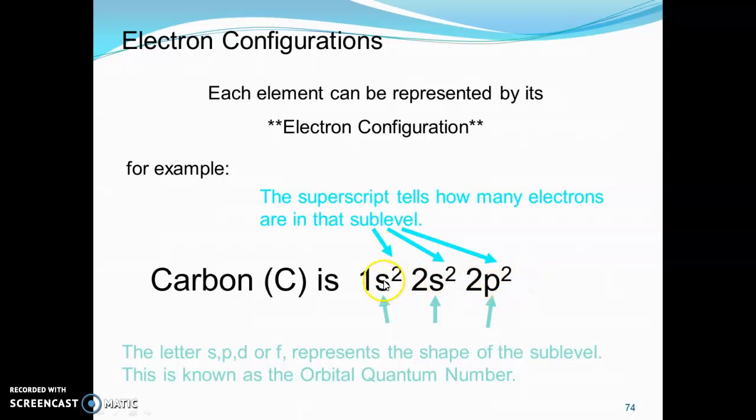So you fill in from the lowest energy level first, like Aufbau's principle said. Follow that order. Fill this one up, then you fill this one up, and then carbon only needs 6 electrons because its atomic number is 6, and if it's neutral, it'll only have 6 electrons. So you fill that into 2p, you have a total of 6 electrons there.